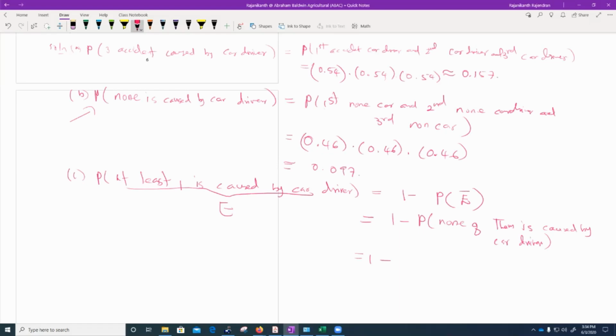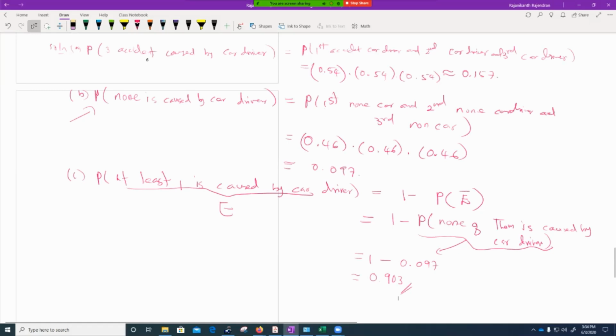So I'm simply plugging in the answer I got from part B, 0.097. Simplify this, and you should get 0.903. So this is a high probability, right?